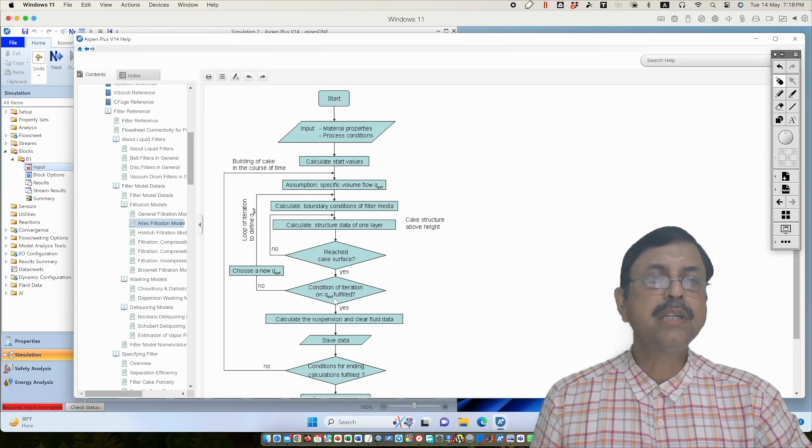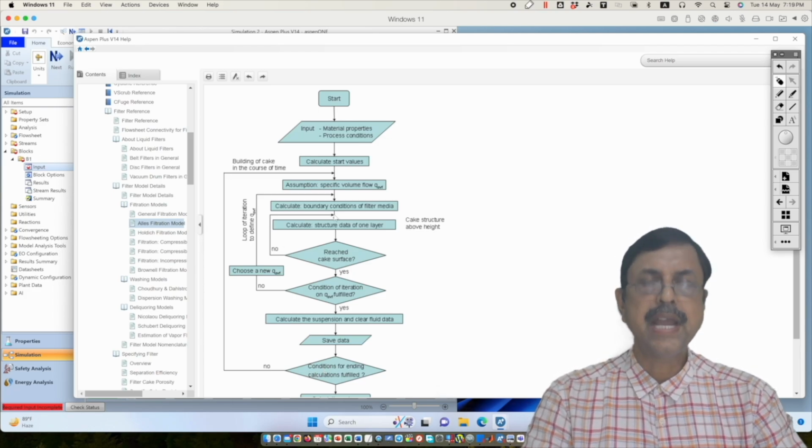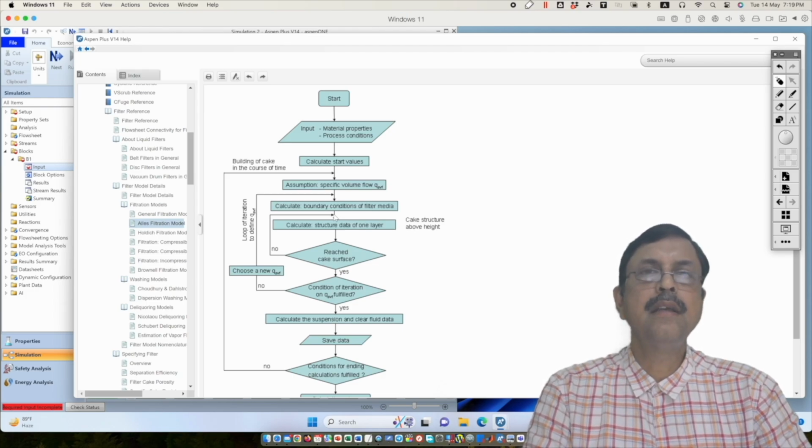Once this condition is fulfilled, we have to calculate the suspension and clear fluid data, and we have to see whether the conditions for ending the calculation are fulfilled. If it is fulfilled, it's okay. Otherwise, we have to go back and restart the calculations. So this is a kind of trial and error method, a repetitive method.